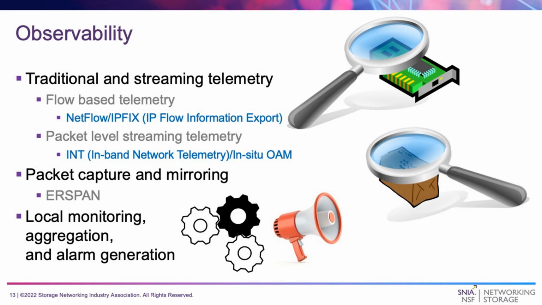Another important aspect of observability is being able to capture packets and transfer them to a collector using, for example, ERSPAN, or even better, given that the xPU has processing power and it's very sophisticated in the functionalities it can execute, you can use the xPU to locally monitor the traffic or the telemetry that you are collecting and possibly aggregate it so that it doesn't need to be exported in its entirety, generating a lot of traffic, or even use it to apply intelligence and detect anomalies and consequently generate alarms when an anomaly is detected.